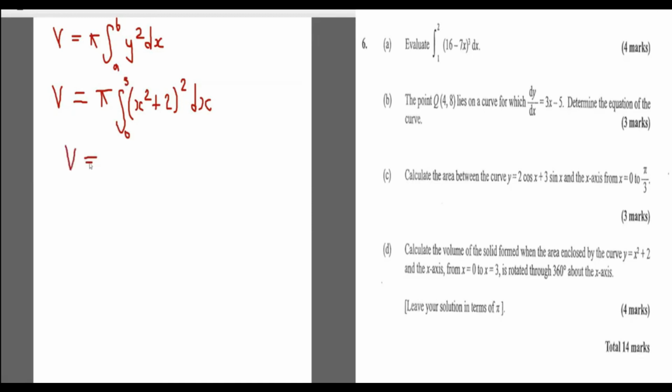Since we're integrating from 0 to 3, what do we get? We're getting that volume is equal to pi times the integral of, I'm going to expand this out now. As I said, I like to expand it out. Expanding this out, it's going to work out to be x to the fourth power plus 4x squared plus 4.